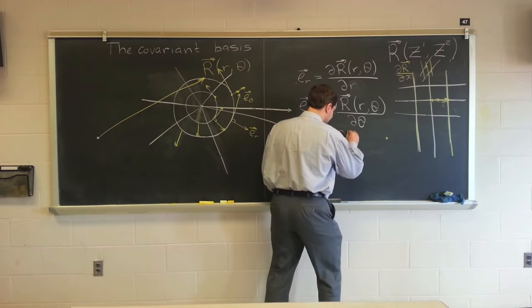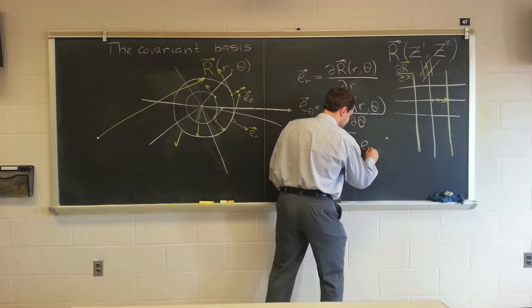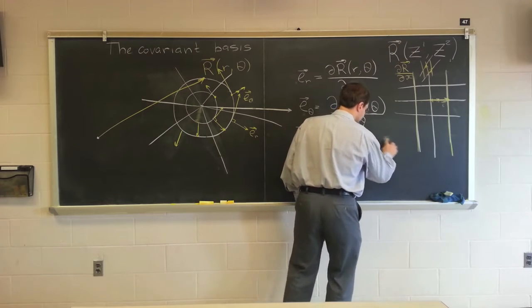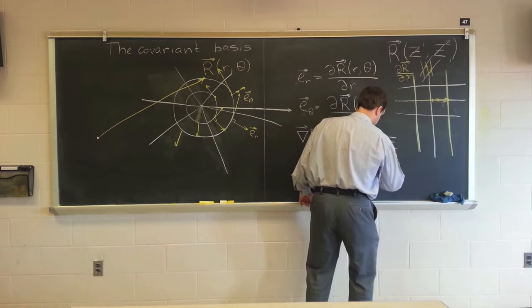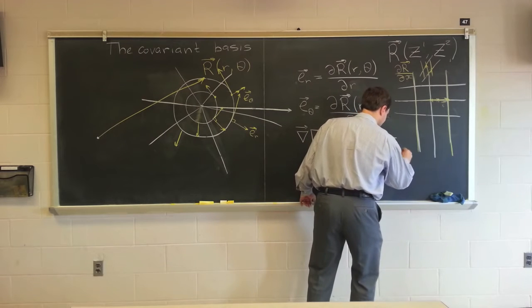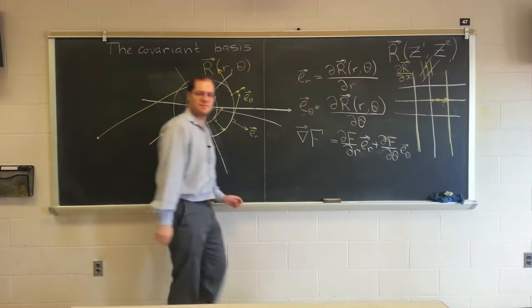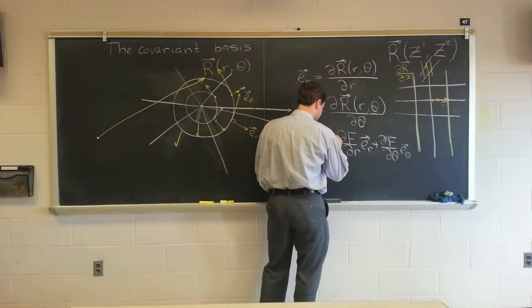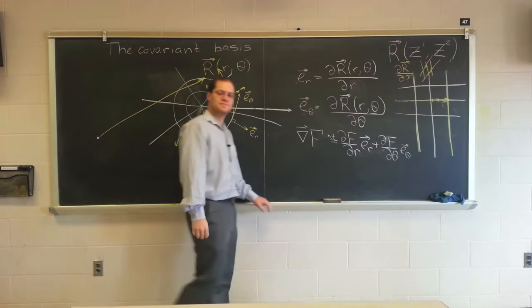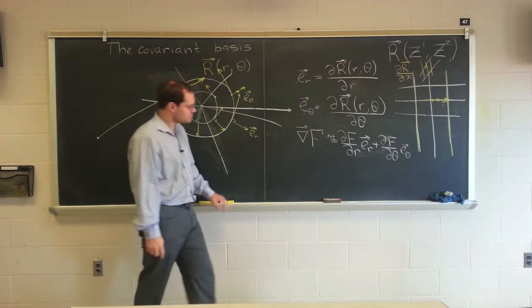And you might naively write something like df dr e sub r plus df d theta e sub theta, and you can easily convince yourself by taking scaled polar coordinate systems that this just doesn't work. Not equal. So it needs to be fixed. The fix is coming pretty soon.